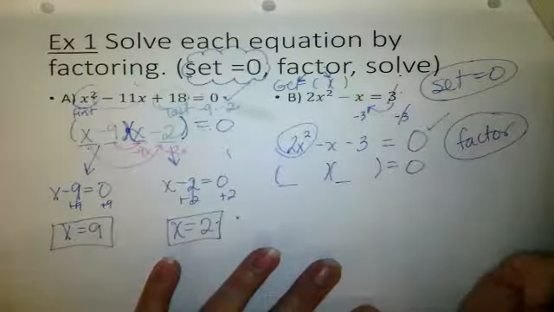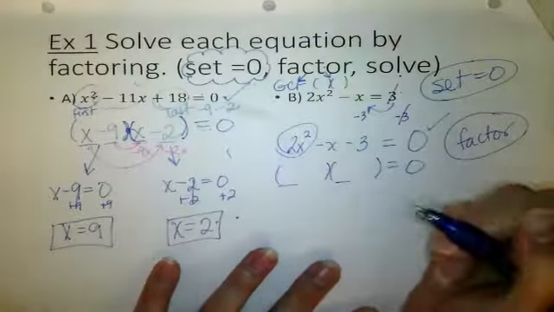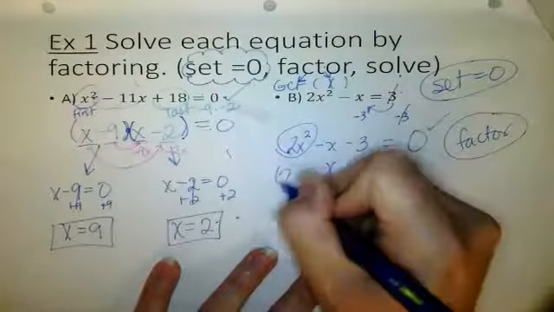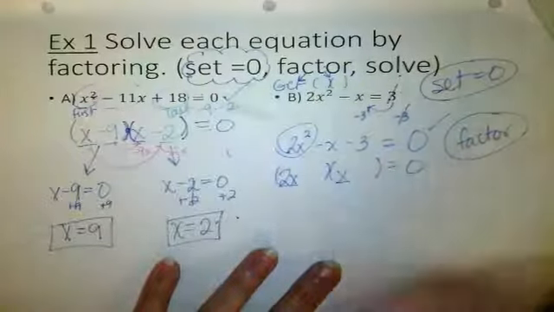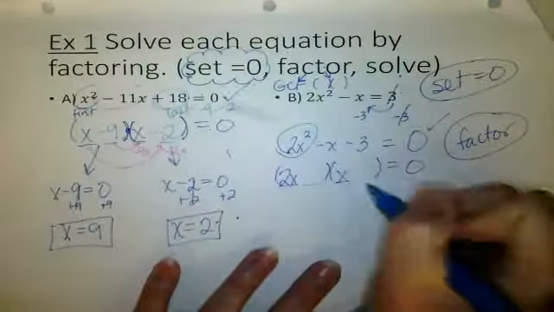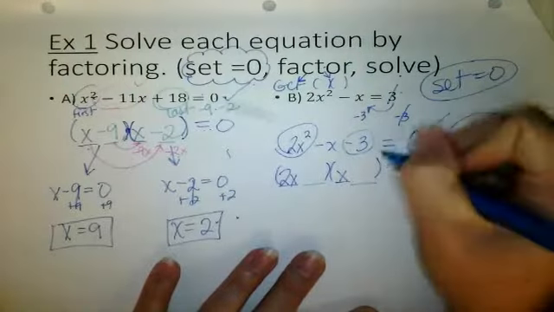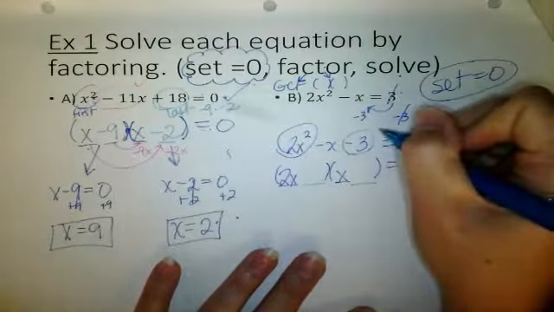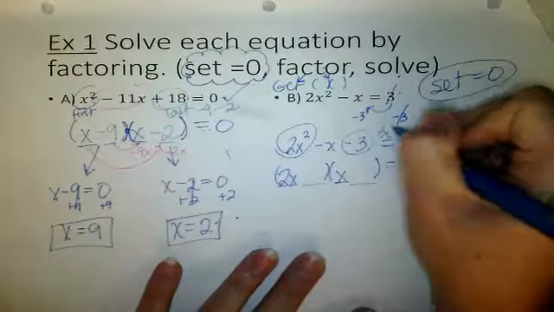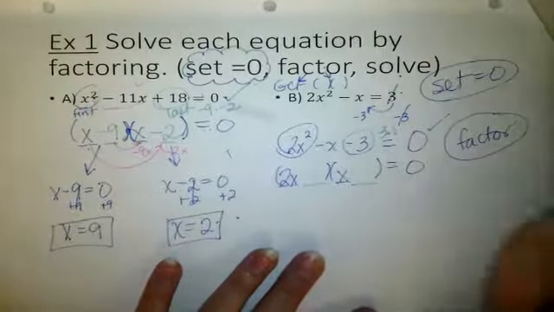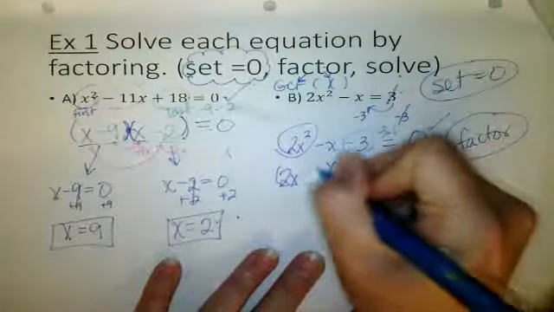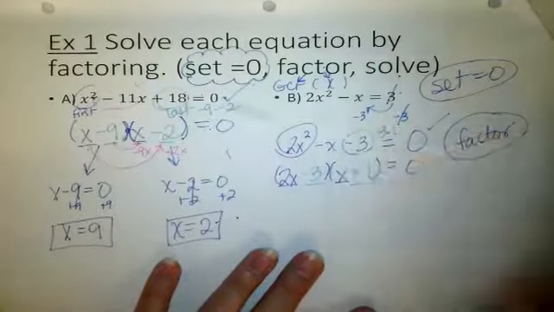What times what is 2x squared? 2x times 1x. And then last times last has to be the last thing. What times what is negative 3? Negative 3 times 1 or negative 1 times 3. I'm going to go with the negative 3. Negative 3 on the inside and the positive 1 on the outside there.